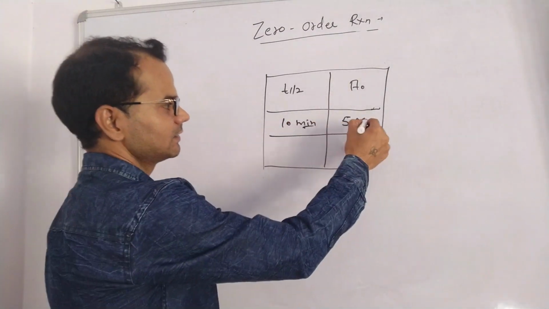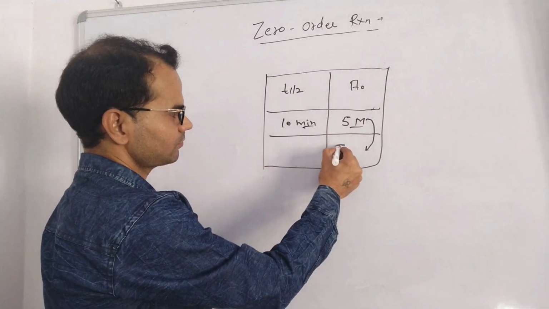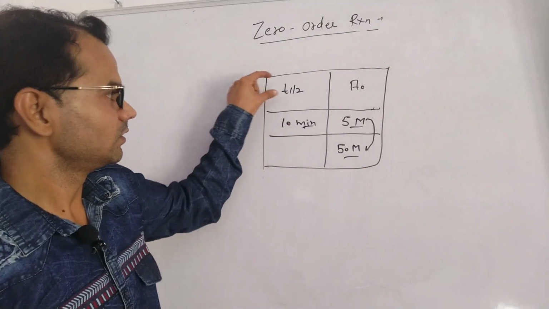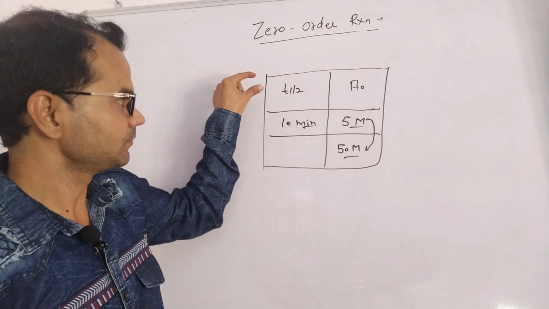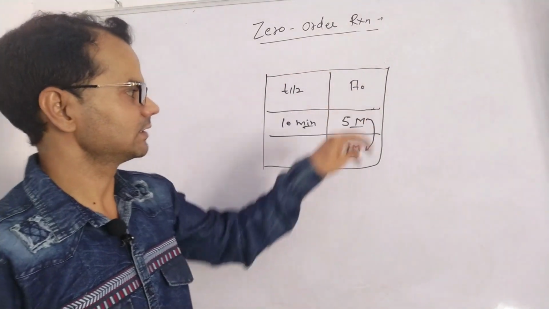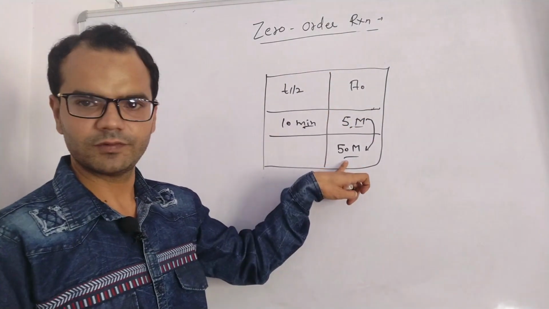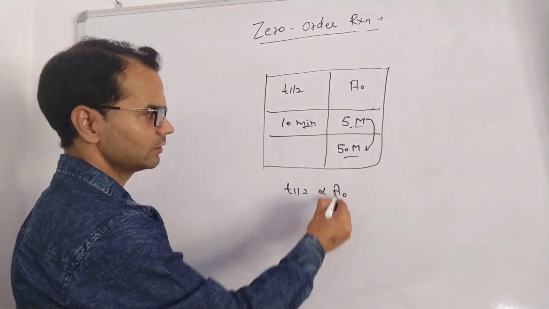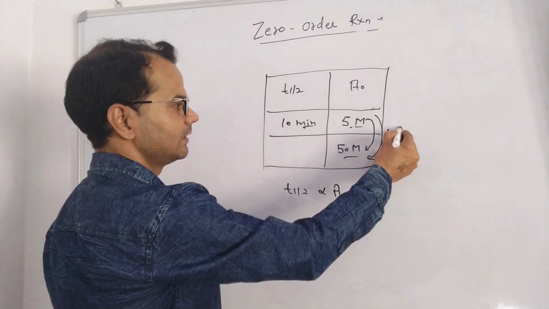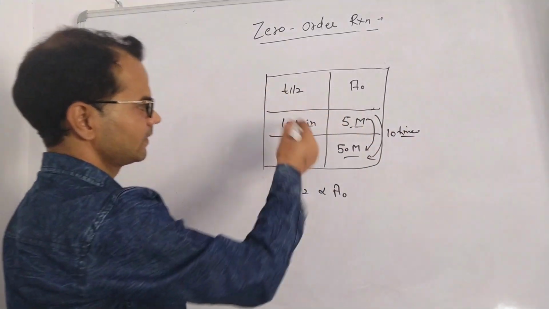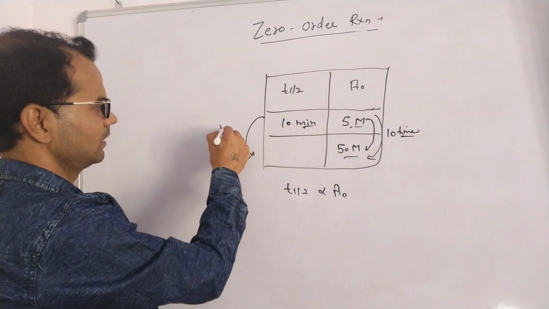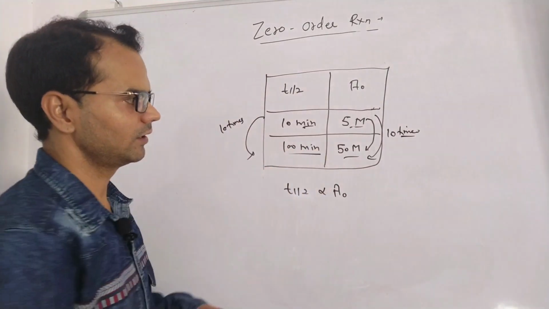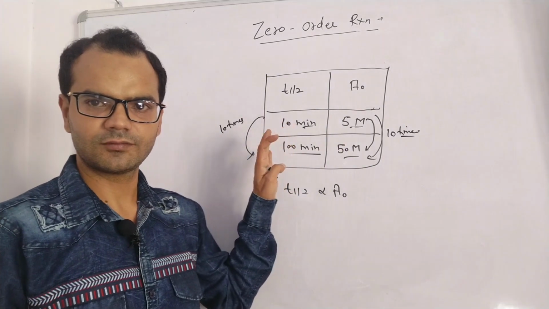If we increase the concentration from 5 to 50 molar, then find the new half life of a zero order reaction. As we have concluded, T half is directly proportional to A naught. If concentration is increased by 10 times, then T half also increases by 10 times. So the answer will be 100 minutes. Clear?